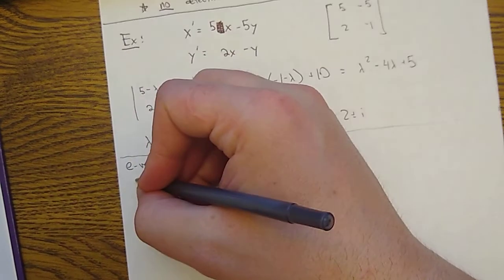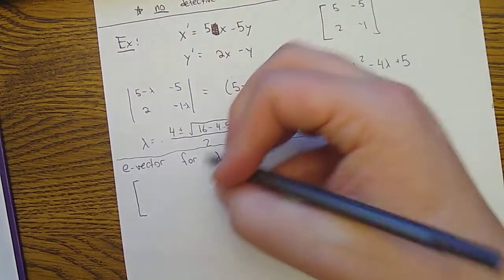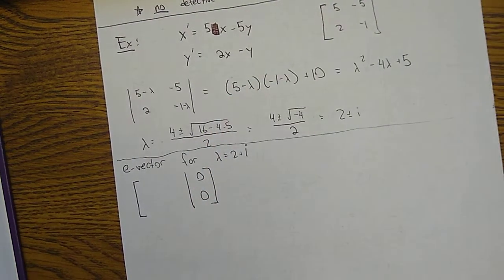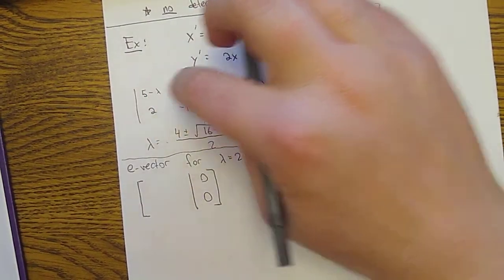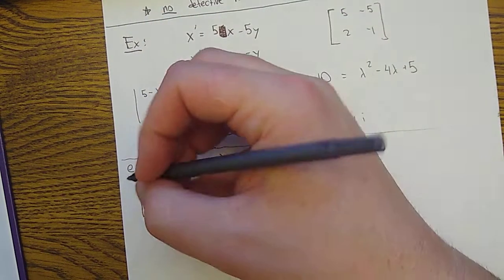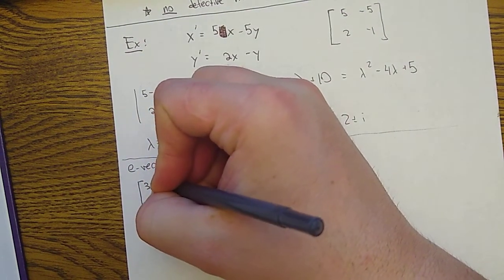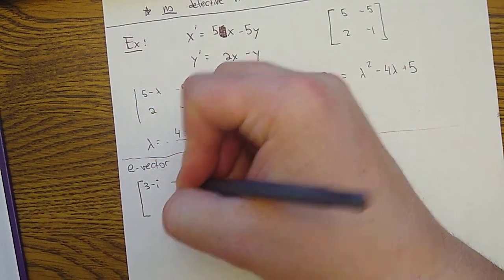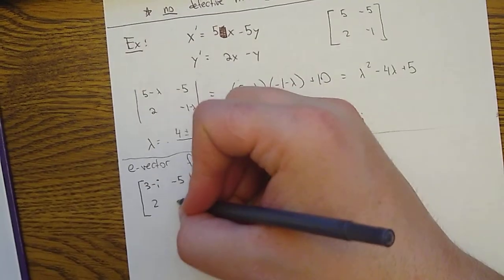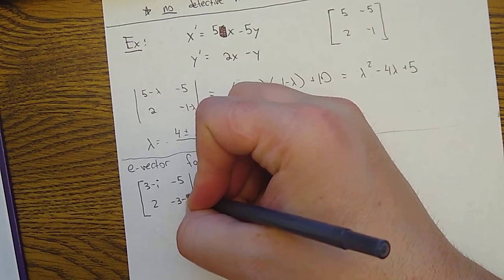So that means I'm going to set up a matrix. This is an augmented matrix with zeros on the right, and on the left I'm just filling this in, putting in the value of lambda. So I guess it's 2 plus i, so I would have 3 minus i, negative 5, 2, and then negative 3 minus i.